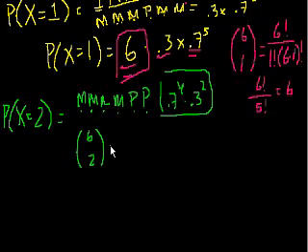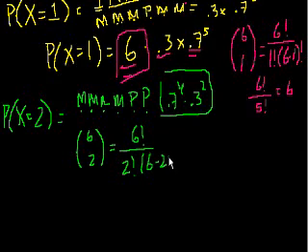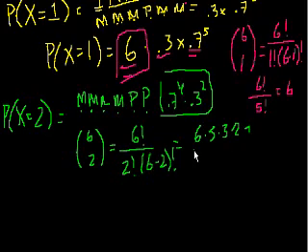So how many does that result in? Let's see, 6 factorial over 2 factorial times 6 minus 2 factorial. That is equal to, I like to multiply it out, 6 times 5 times 4 times 3 times 2 times 1 over 2 times 1, divided by, this is 4 factorial, right?